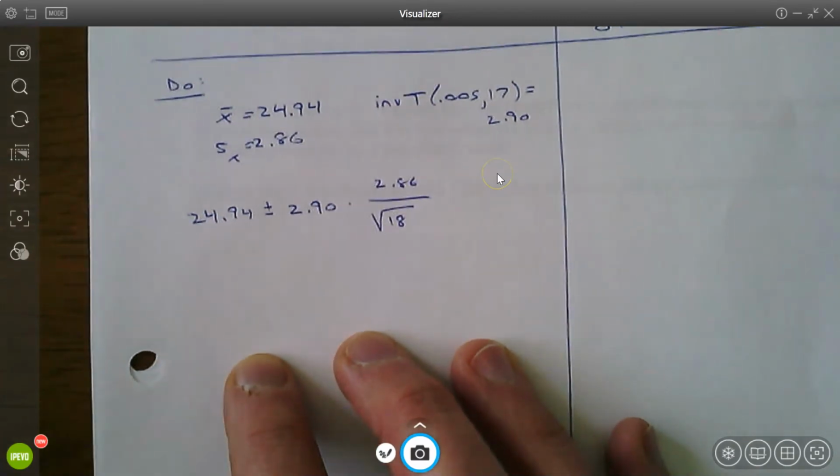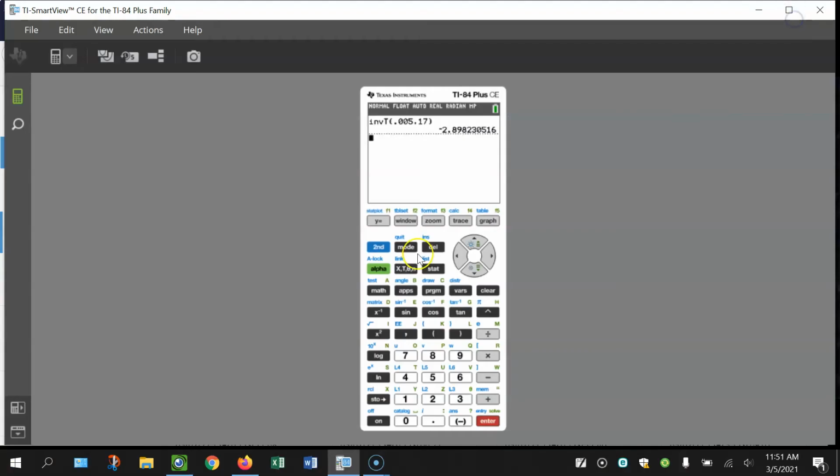So now I'm going to plug this into the calculator to get my lower and my upper bound. So I have 24.94 minus 2.9 times, let's get a fraction for the standard error, 2.86 divided by the square root of 18.